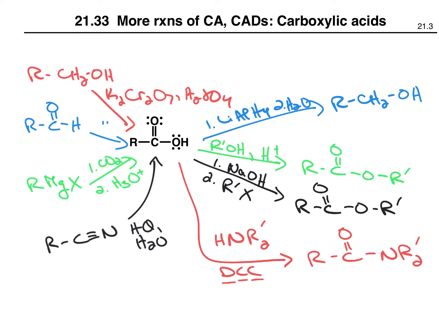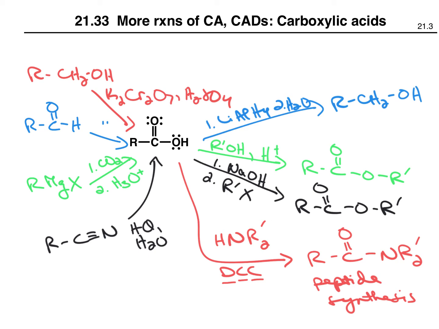And this one was made very popular in terms of peptide synthesis. So when folks are trying to make small proteins, for example, then the DCC coupling is very, very common. You're not responsible for this. I just wanted to mention it. But these others, both in terms of the preparation of carboxylic acids and some of the reactions of carboxylic acids, I want you to be familiar.